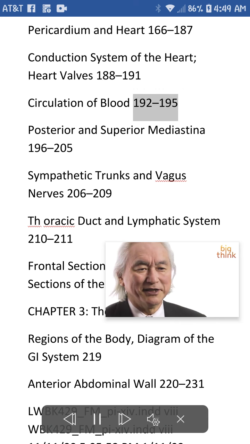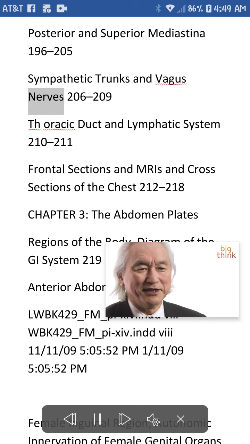Circulation of blood 192 to 195. Posterior and superior mediastina 196 to 205. Sympathetic trunks and vagus nerves 206 to 209. Thoracic duct and lymphatic system 210 to 211. Frontal sections and MRIs and cross sections of the chest 212 to 218.